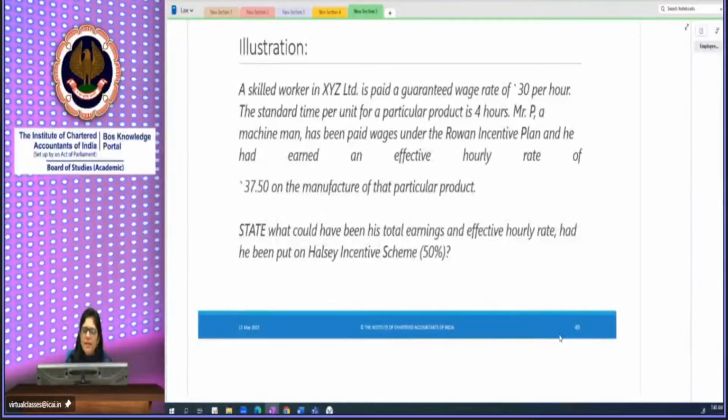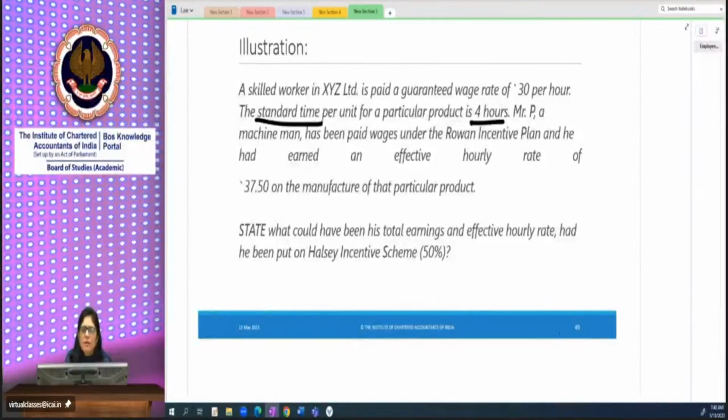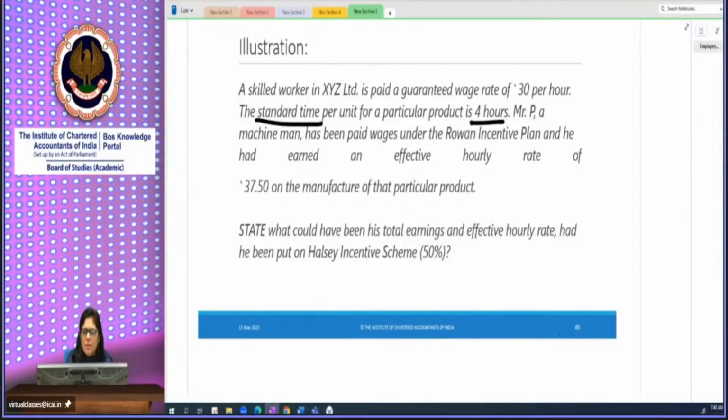The standard time per unit is 4 hours. Standard time per unit means the time allowed is 4 hours. Mr. P, a machine man, has been paid wages under Rowan. So he's being paid under Rowan incentive plan, and he has earned an effective hourly rate of 37.5.